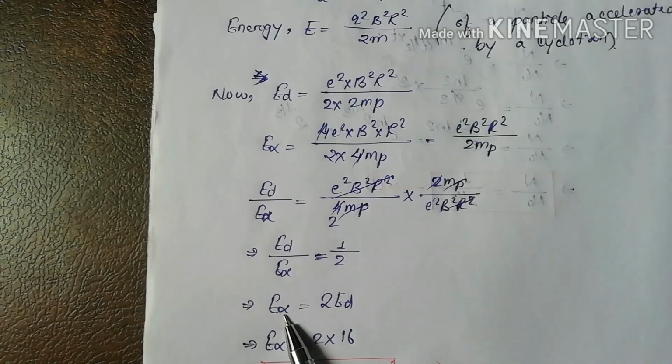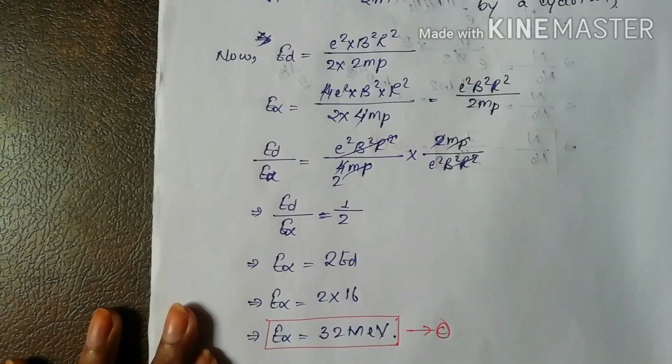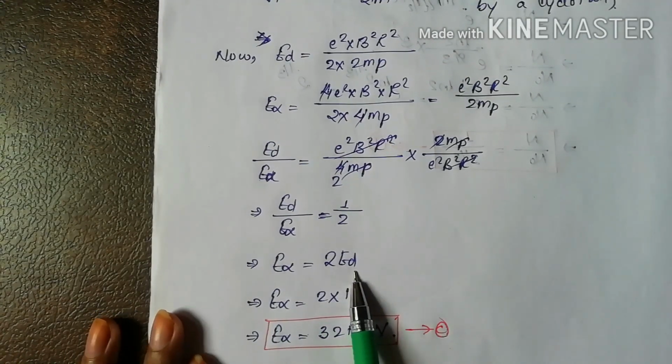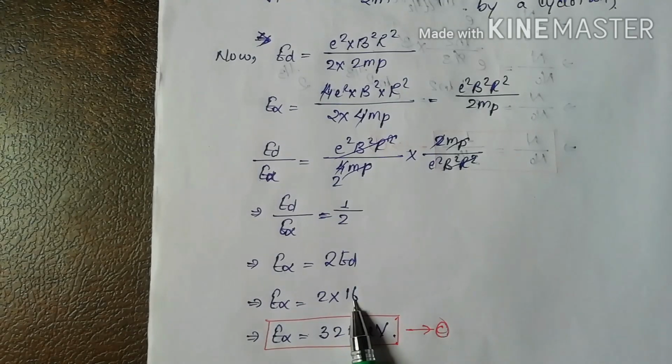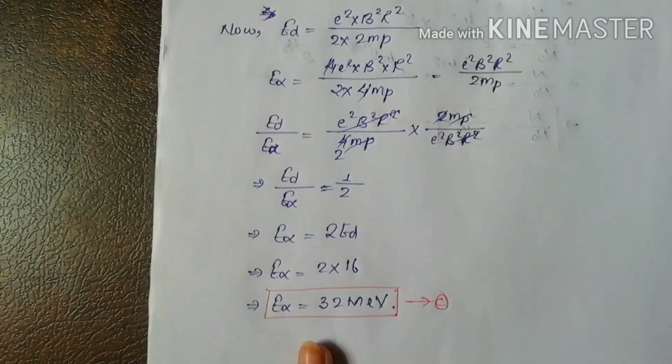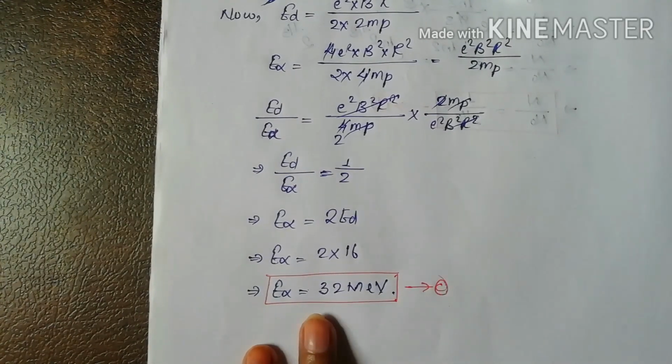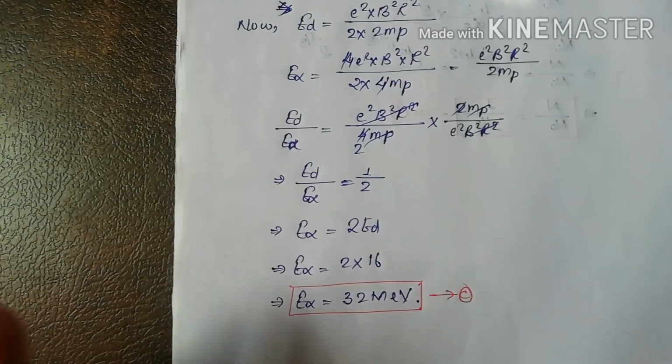So energy of alpha is twice the energy of deuterium, that is 2 E_D. The energy of the deuterium given in the question is 16 mega electron volt, so the energy of the alpha particle is 16 into 2, that is 32 mega electron volt. So the correct option is option C.